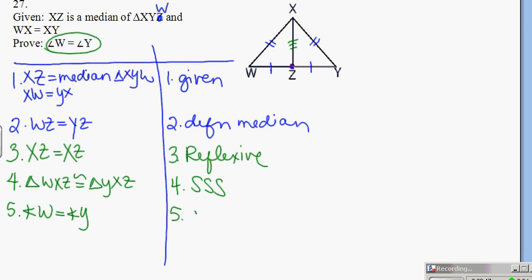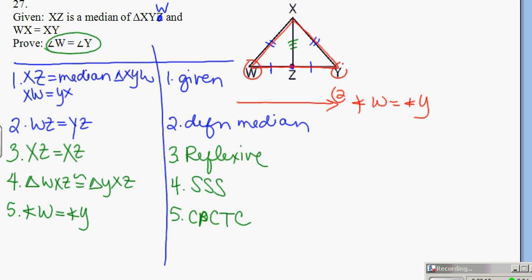W and Y are corresponding parts of congruent triangles are congruent. Now that was the long way to this proof. Now that I'm all done, I just now realized what we were trying to prove are the base angles of the triangle.